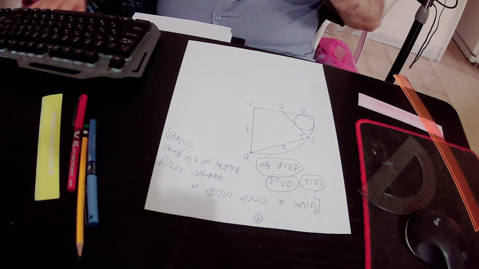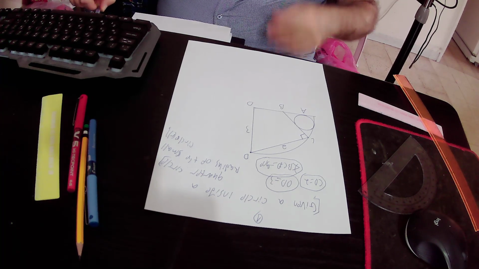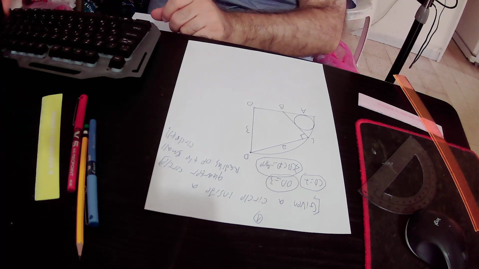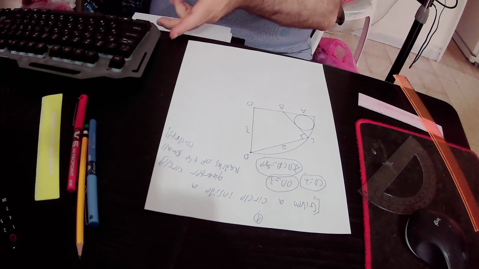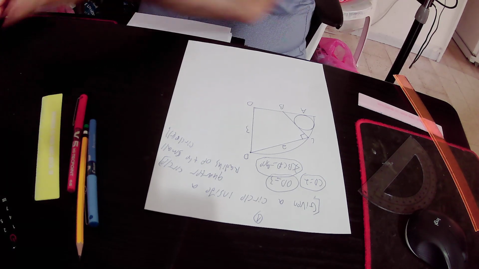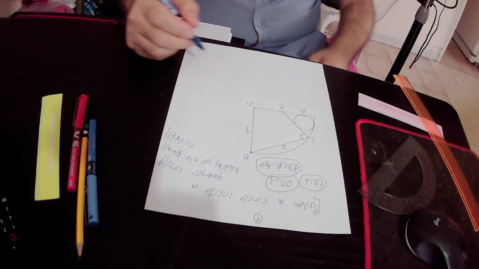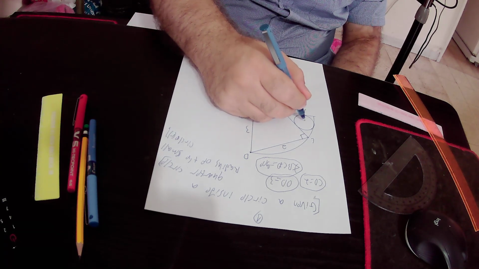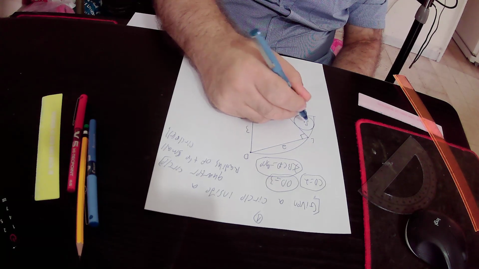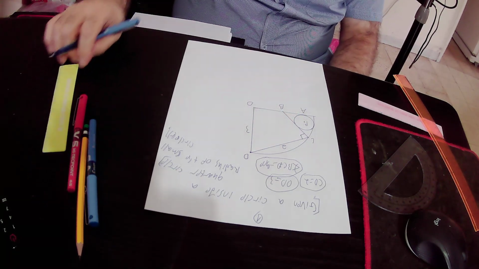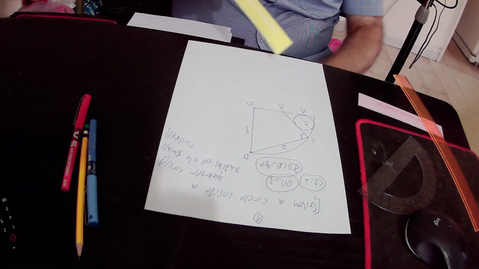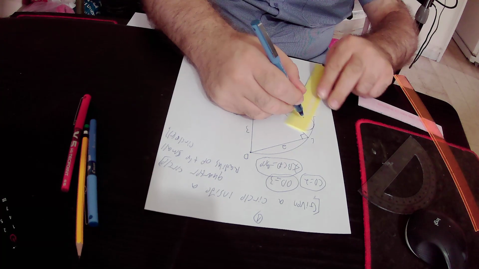Okay, so first of all we will define the center of the small circle as point P, and then we will join together points A and P by a straight line.